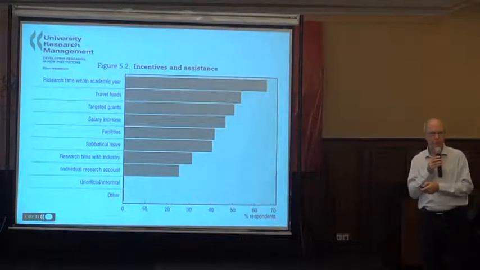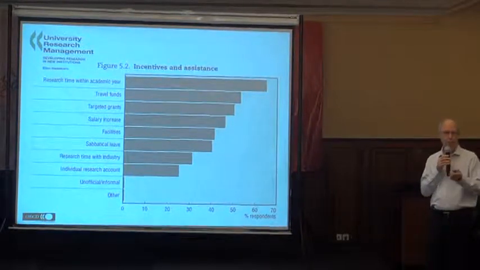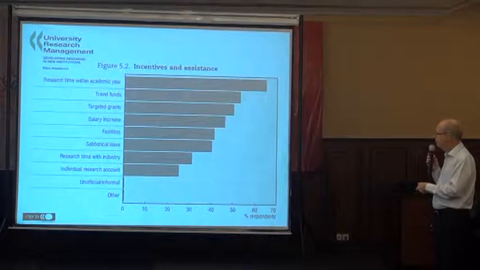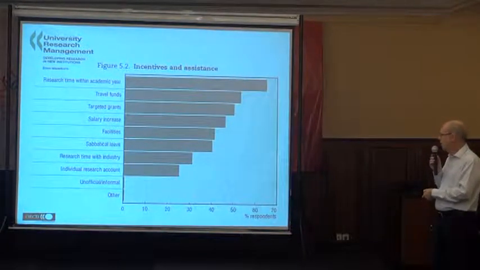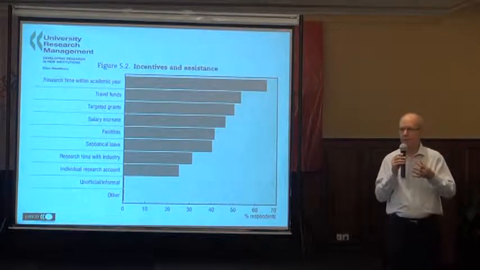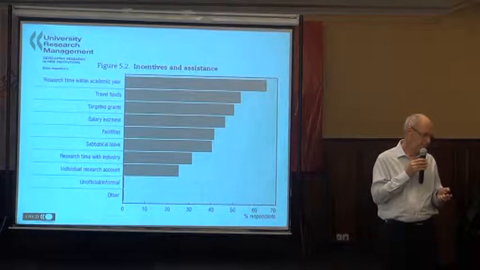You don't have any time for this. So something needs to be thought about, structured, to deal with that issue. Travel funds, targeted grants, salary increase, facilities, etc., all of these sorts of things were identified as being strategies which would help people develop a better positive outlook towards doing research.